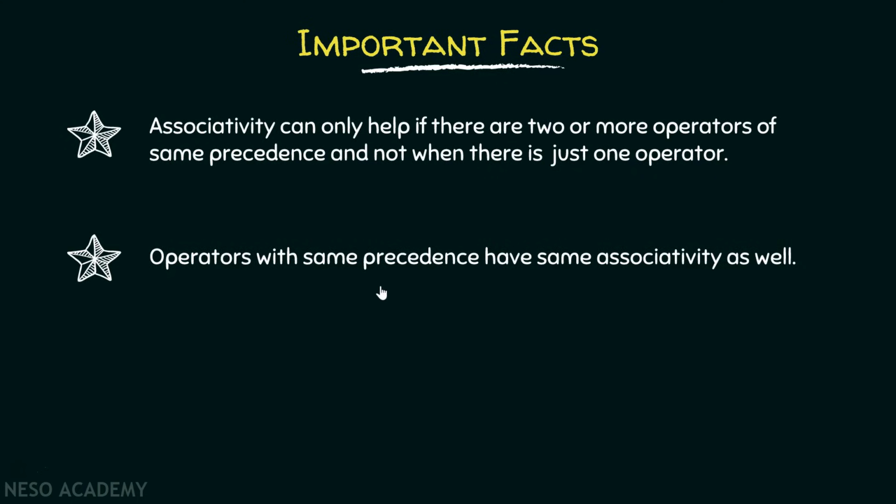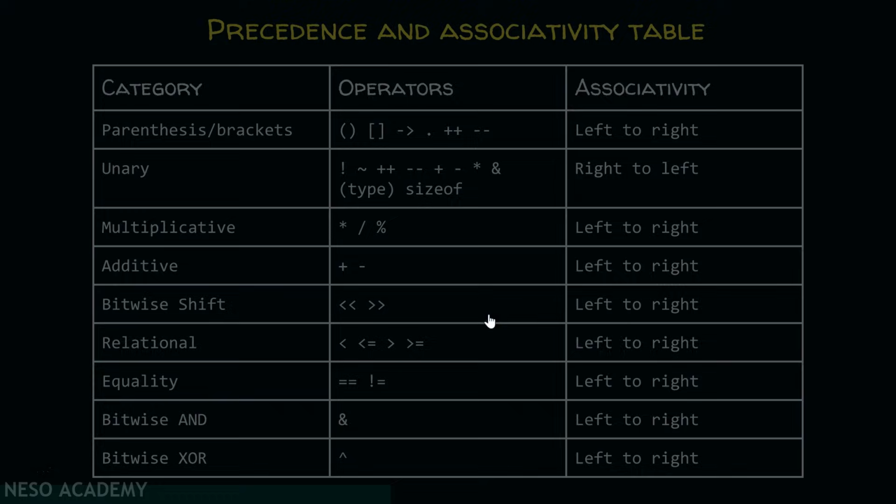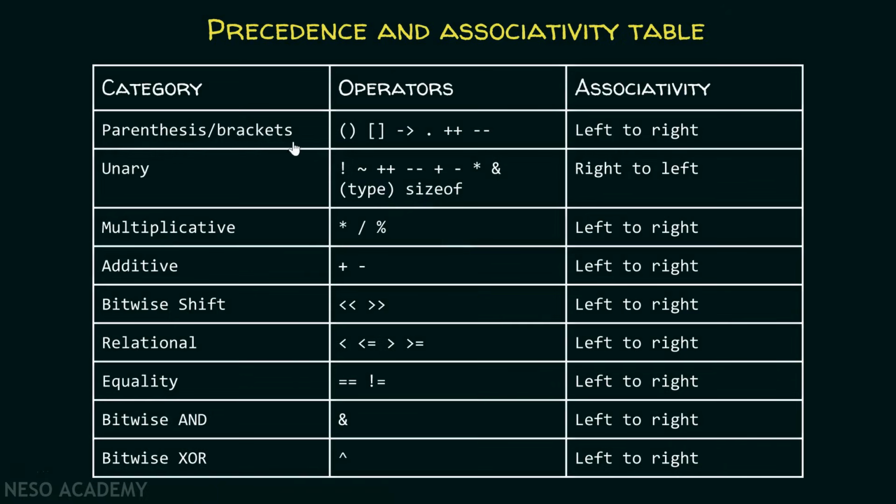Now let's consider one more important fact. Operators with the same precedence have the same associativity as well. Here in this table, we can see that all these operators have the same precedence, right? Although they have the highest precedence among all the other operators in this list, the operators available in this particular block all have the same precedence, and their associativity is also the same, left to right.